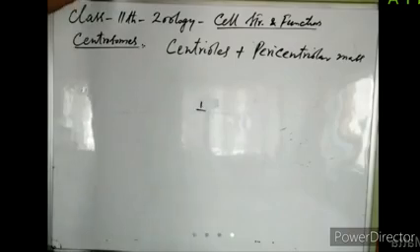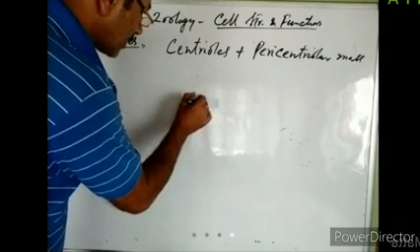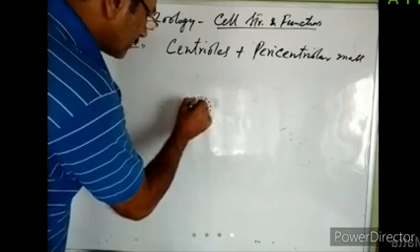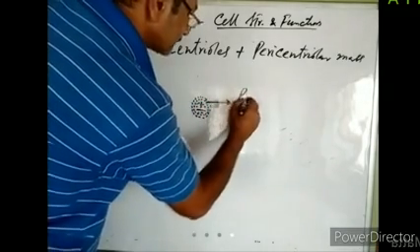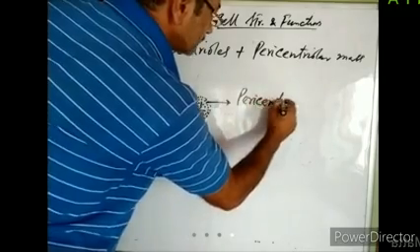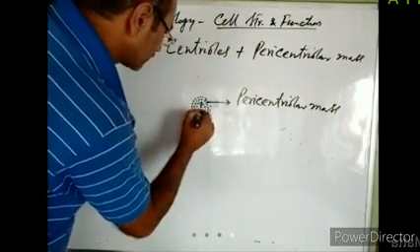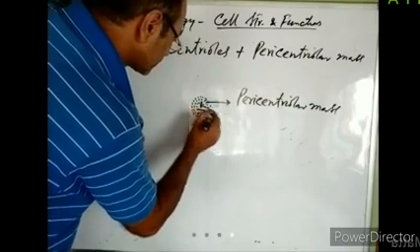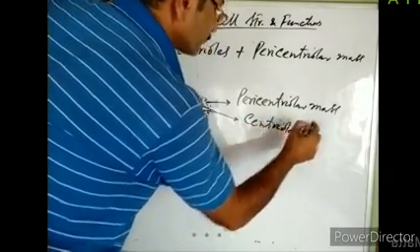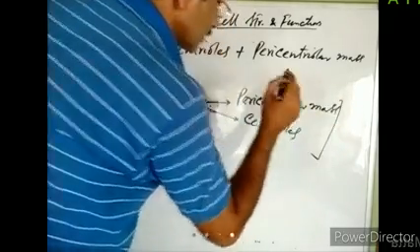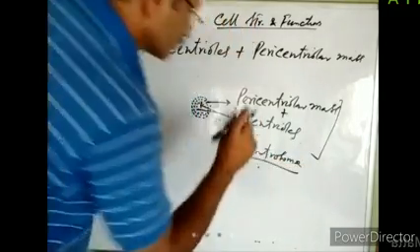These two centrioles are at right angles to each other. They are surrounded by an amorphous mass, which is known as pericentriolar mass. So pericentriolar mass plus centrioles together form a centrosome.